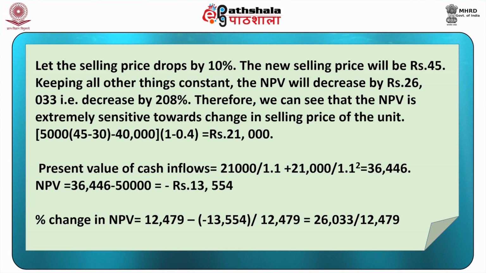Percentage change in NPV is equal to 12,479 minus 13,554 to be divided with 12,479, which will be equal to 26,033 divided by 12,479. This is sensitivity analysis and it measures the impact on the chosen merit criteria.